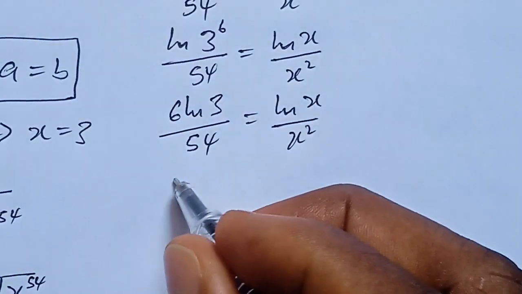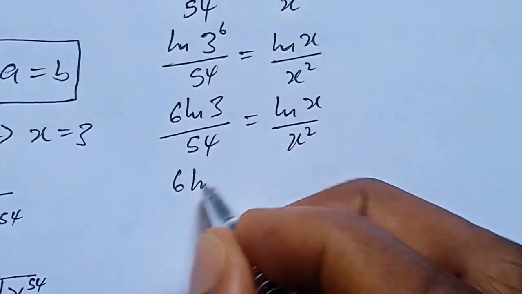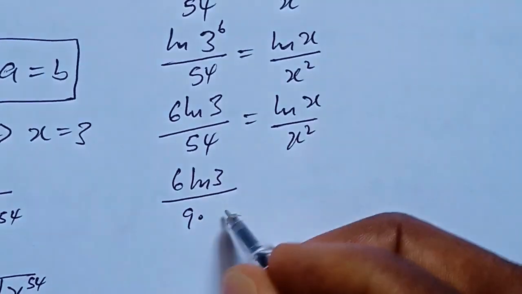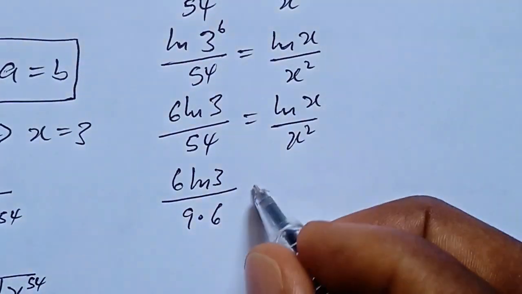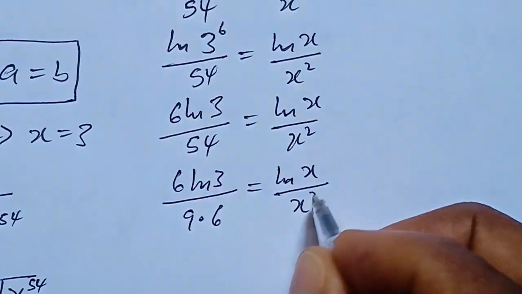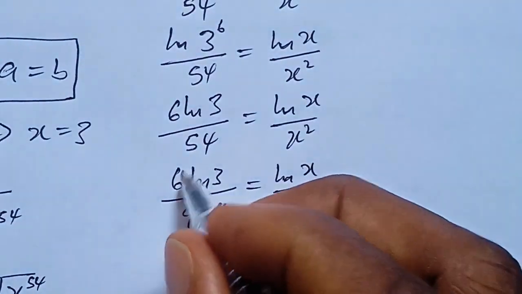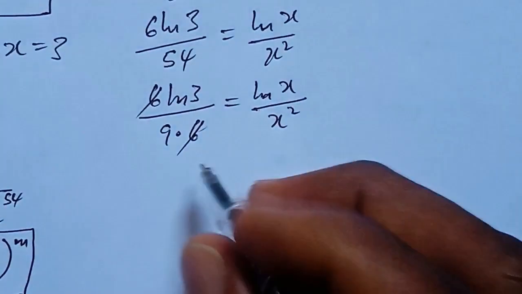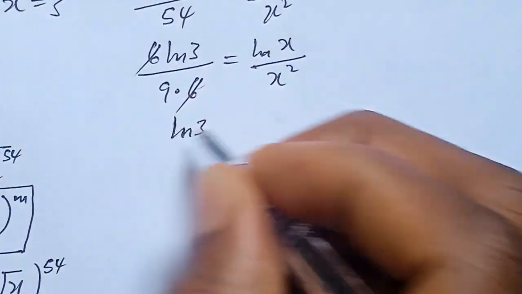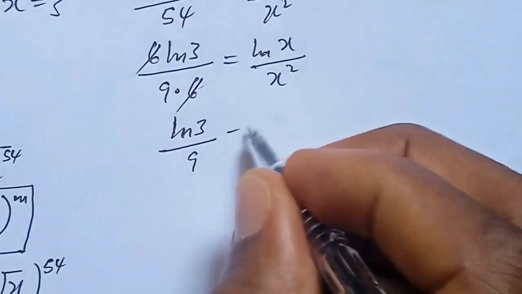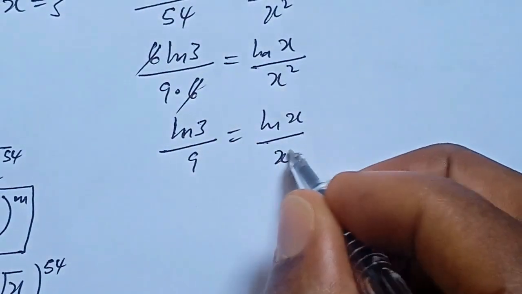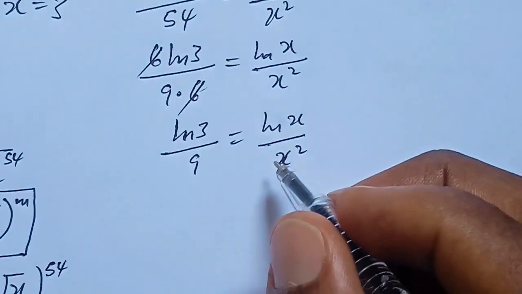This implies 6 natural log of 3 over 9 multiplied by 6 equal to natural log of x over x squared. This cancels out with this, so we have natural log of 3 over 9 equal to natural log of x over x squared.